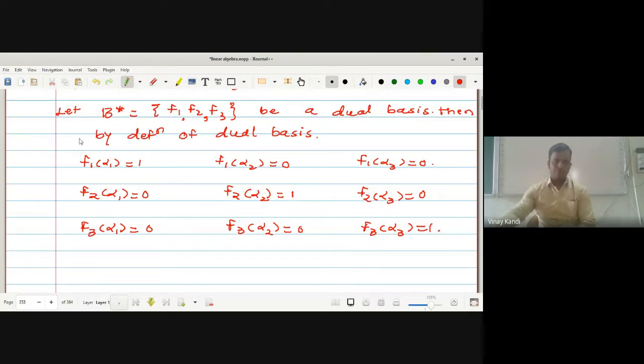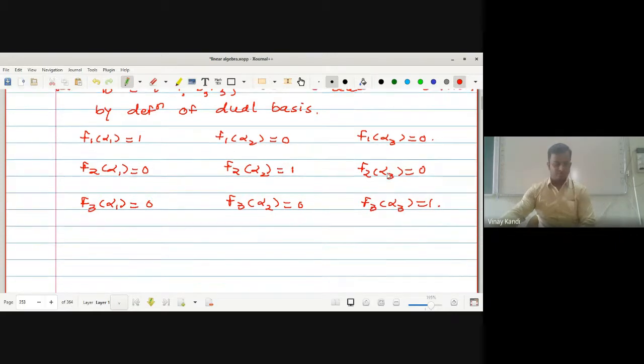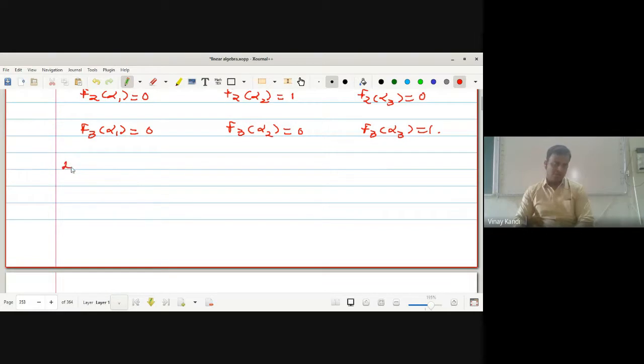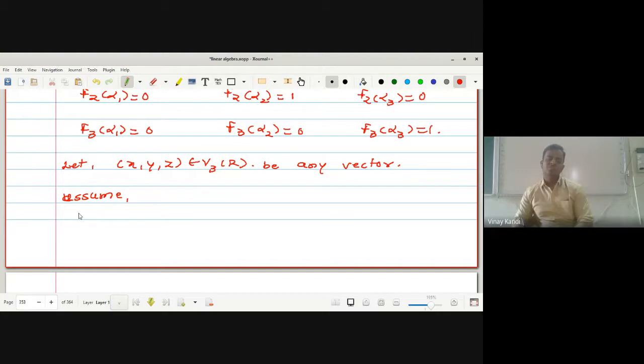Now put alpha 1, alpha 2, and alpha 3. Wait a minute, before going to that step, let (x, y, z) be any vector belonging to V3 over R. Now let us assume any linear functional, or any linear transformation from R3 to R, is of the form: suppose f1 of (x, y, z) is of the form a1x plus a2y plus a3z.